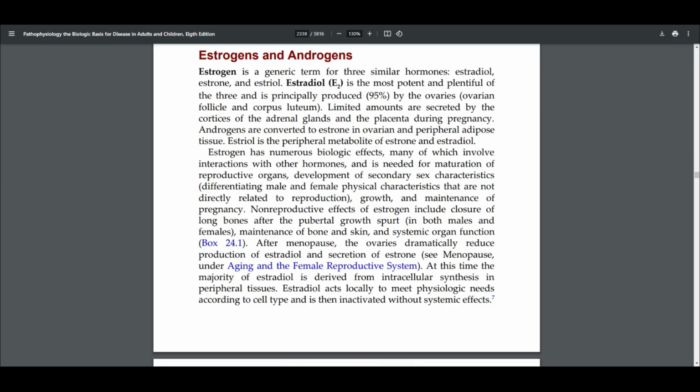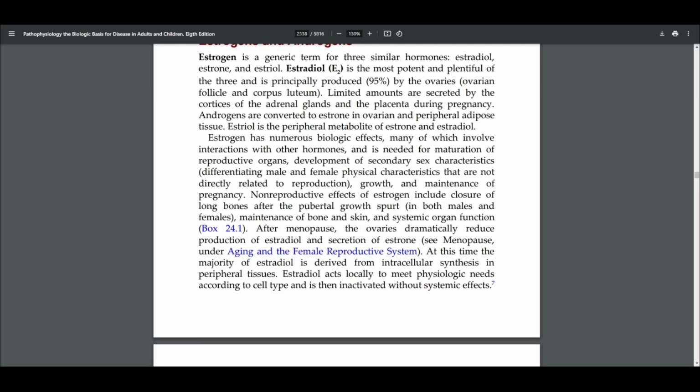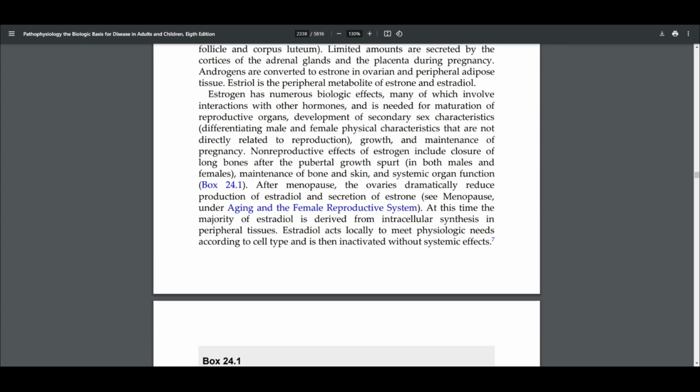After menopause, the ovaries dramatically reduce production of estradiol and secretion of estrone. At this time, the majority of estradiol is derived from intracellular synthesis in peripheral tissue. Estradiol acts locally to meet physiologic needs according to cell type and is then inactivated without systemic effects.